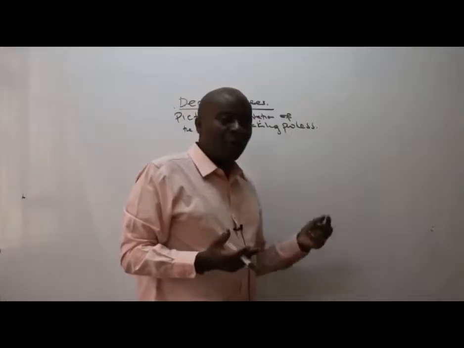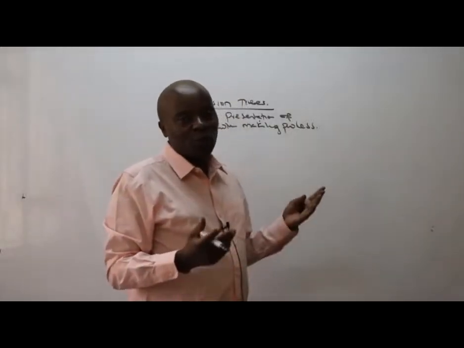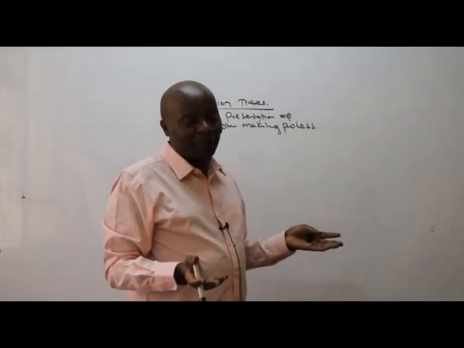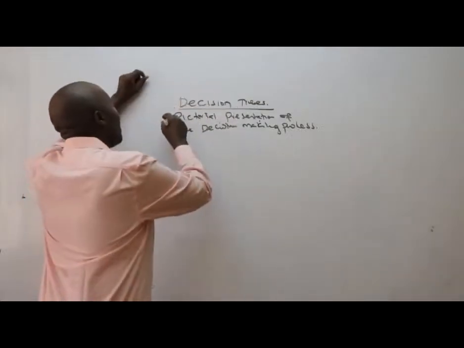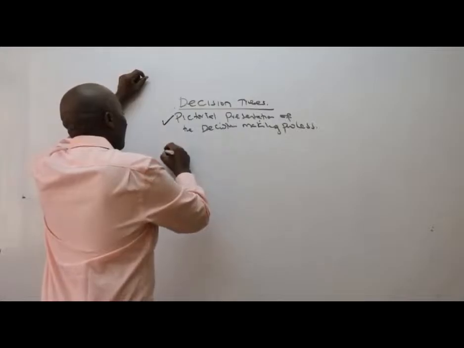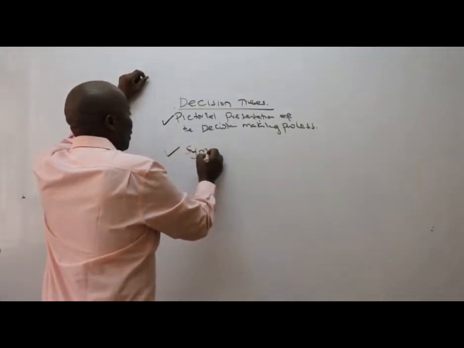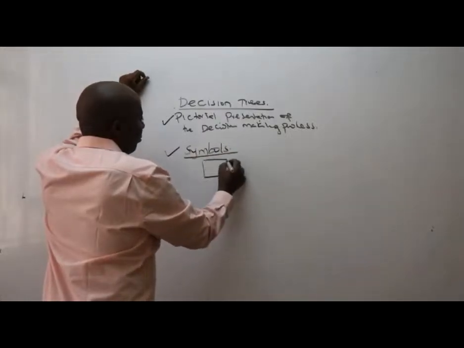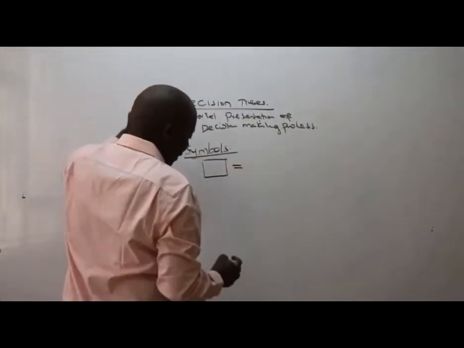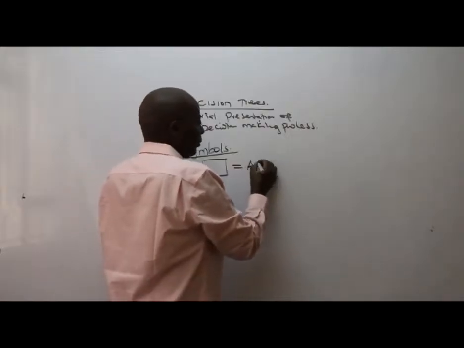Like in the question that we have just been doing, it involves some kind of decision-making. Do we acquire this machine or should we not acquire the machine? One thing you are supposed to know in decision trees is the symbols that we shall be using. We have the box, which is the alternatives node.